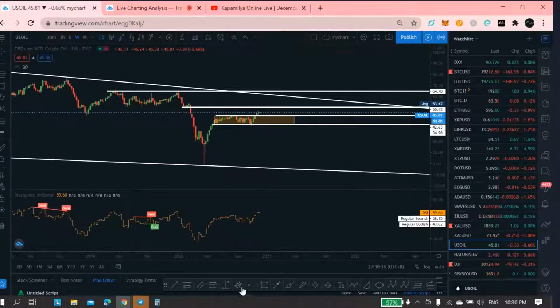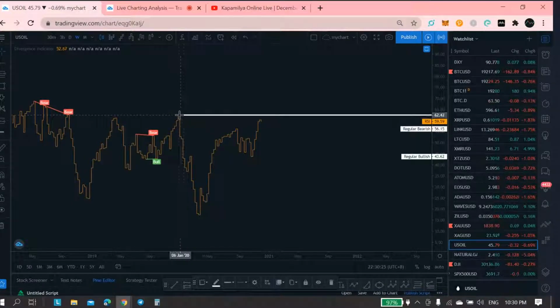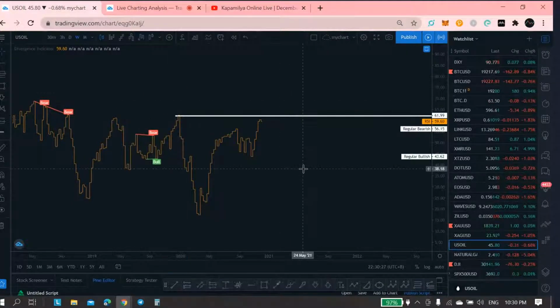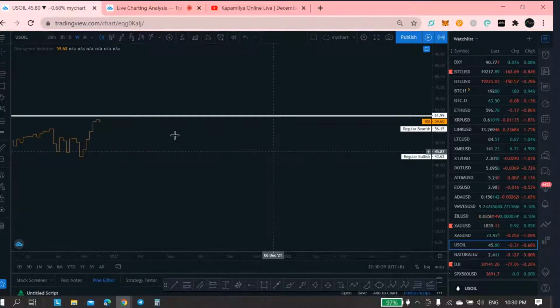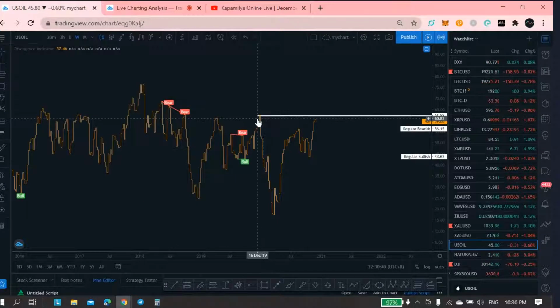But currently, if you look at this divergence indicator, it's actually flat since it's just the beginning of the week. But let's see how this possibly changes. I'm looking at the 62 area as the next resistance area.